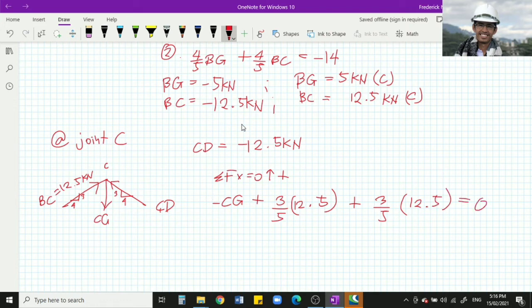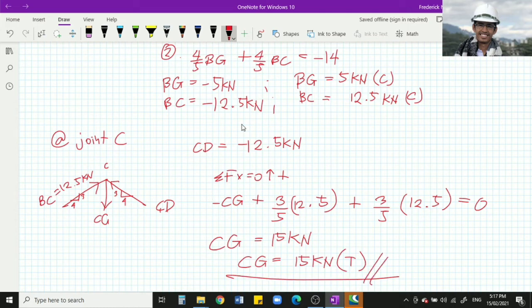So solving for CG, CG will be equal to 15 kilonewton, okay? So positive siya, so that will be tension, okay? So CG will be equal to 15 kilonewton tension, okay?